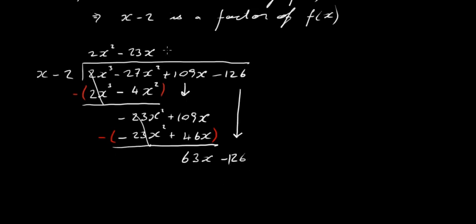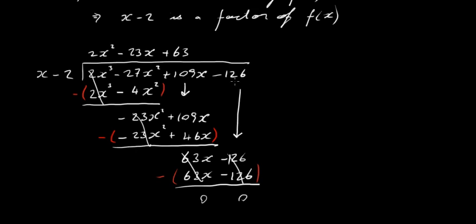X into 63x is plus 63. Multiply the plus 63 by these two, put our answer under here, and you get 63x. And 63 times minus 2 is minus 126. So that's perfect. We see it is a factor. It does divide in with 0 remainder. We'll get a 0 here. And this is our other factor.